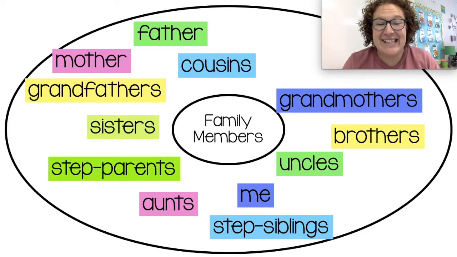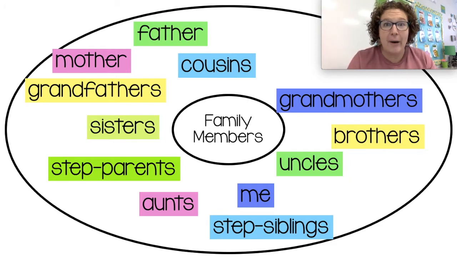Hi, writers! To start with, to get our brains flowing, I made a circle map of different types of family members. So I started with me, and then I have my mother and father, my grandfathers and grandmothers, sisters and brothers, uncles and aunts, and maybe step-parents or step-siblings.